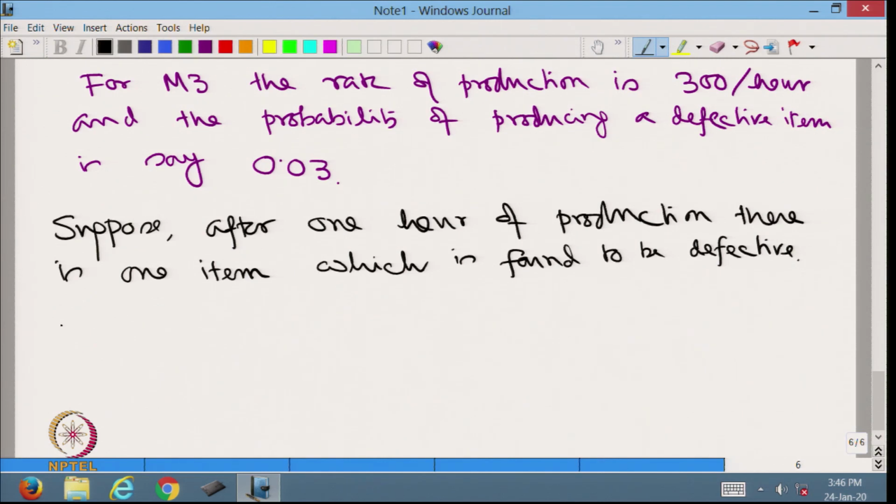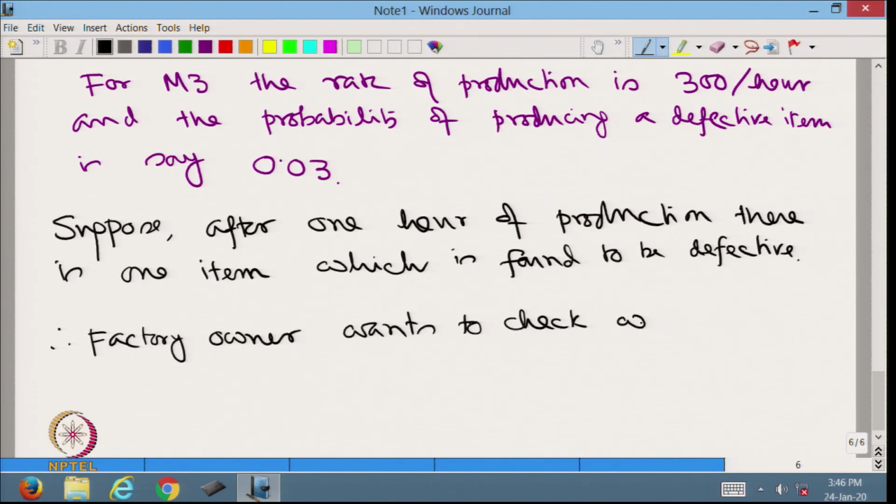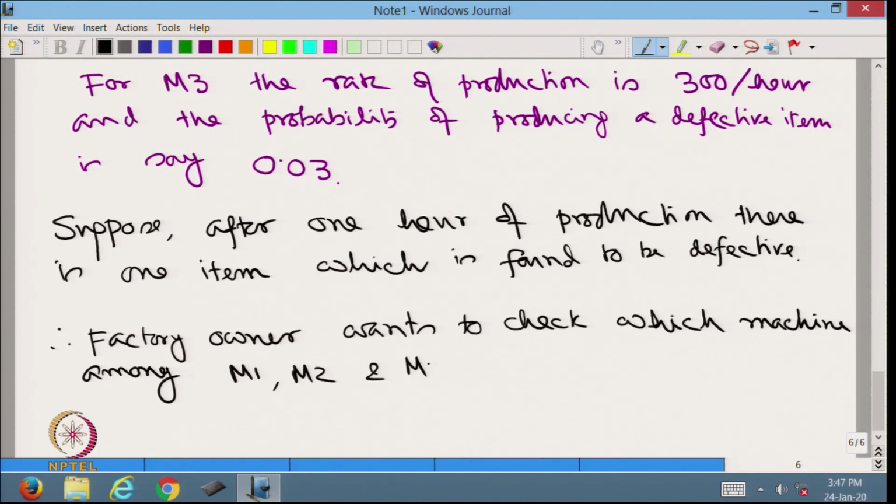Therefore, the factory owner wants to check which machine among M1, M2 and M3 has produced the defective item.